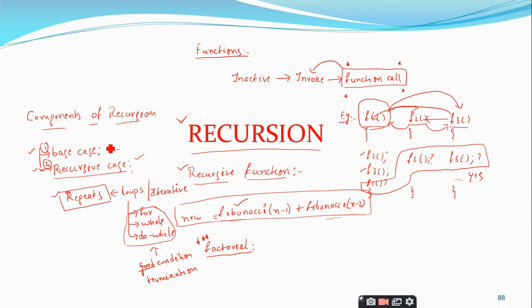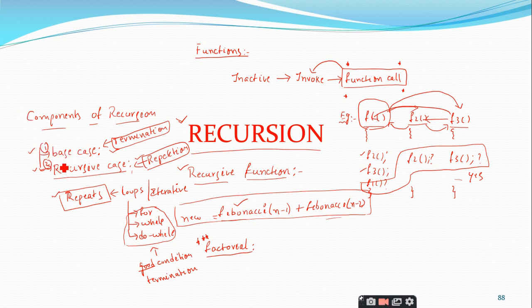So this can also be called the termination case, because you tell when to terminate the recursion, and the recursive case is also called the repetition case, because it consists of a group of statements to repeat. So for any recursive function you take, these are the two components.